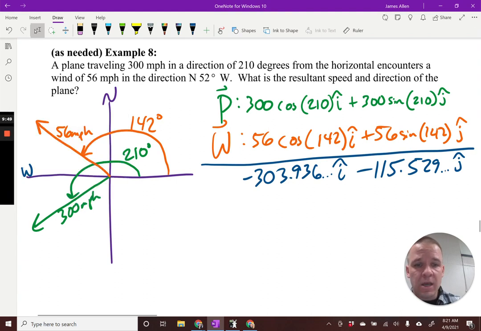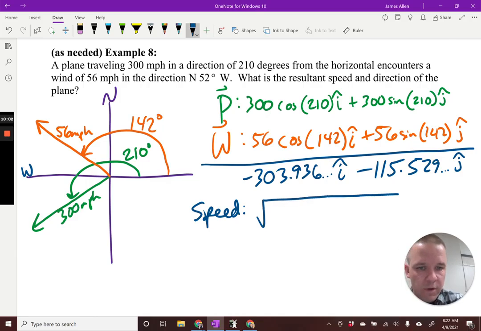So we want to find the resultant speed and the direction. So speed, that's our magnitude, right? So I will do square root of negative 303.936 squared plus negative 115.529 squared.